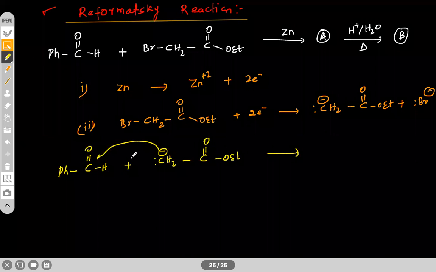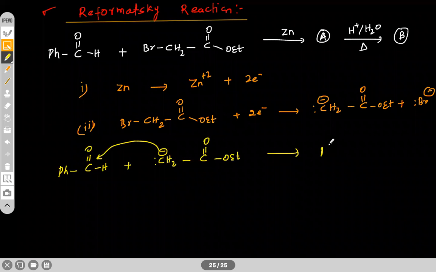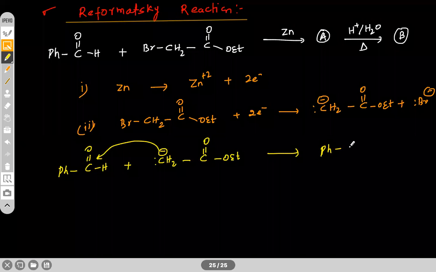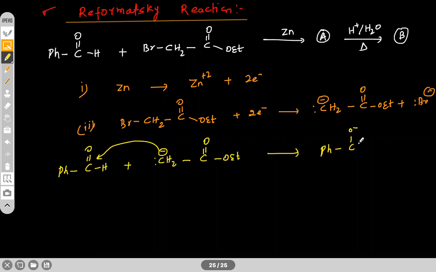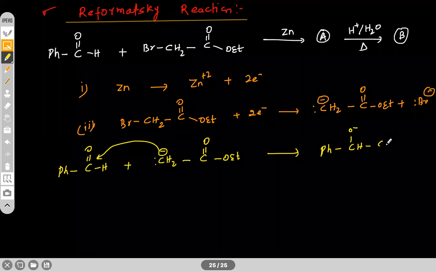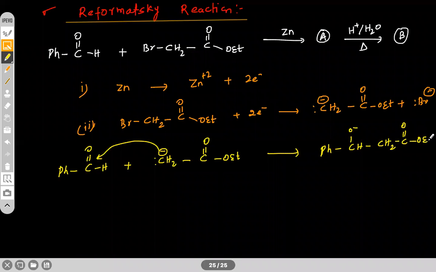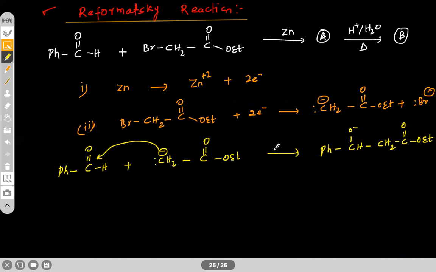This attacks onto this, converts into PhCH-O minus, CH2C(=O)OEt, right?